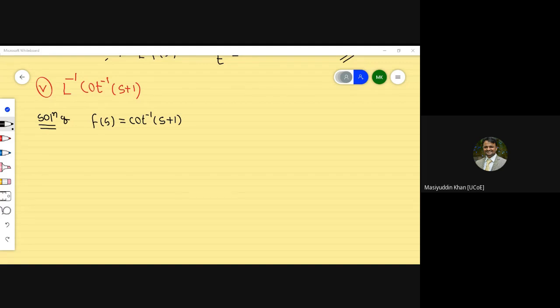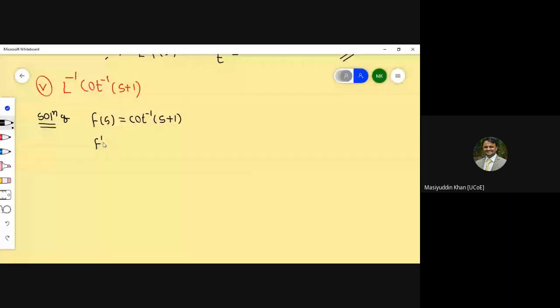So we have to write properly the derivative, f dash of s, which is equal to minus 1 upon 1 plus s plus 1 the whole square, into the derivative of, or d by ds of, this function s plus 1.